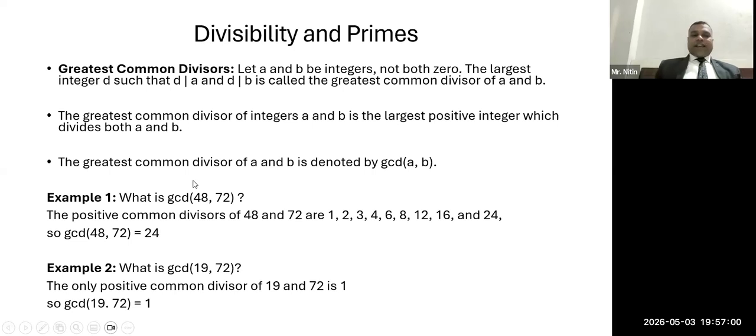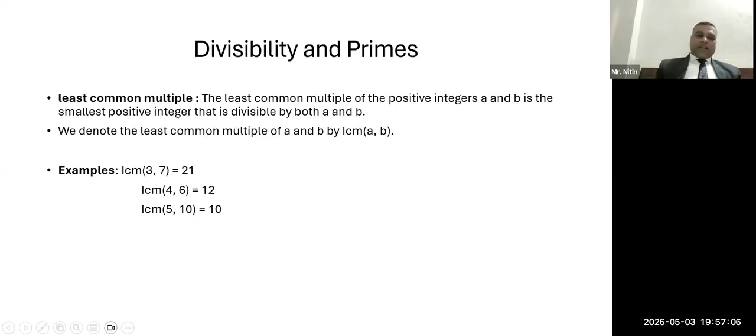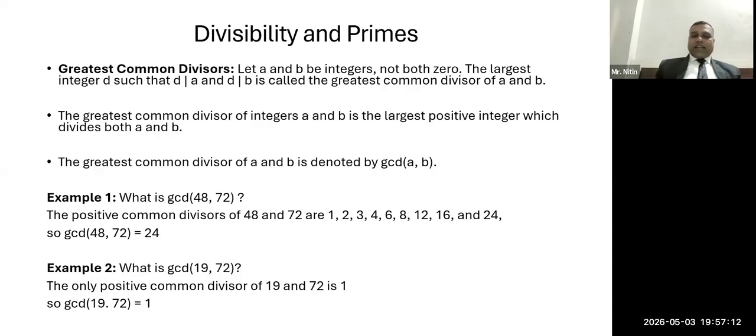The greatest common divisor of a and b is denoted by GCD, short form, like LCM for least common multiple. How do we represent it? LCM of two numbers, likewise GCD, the greatest common divisor of the numbers a and b.